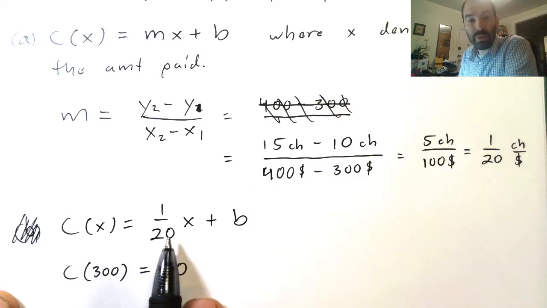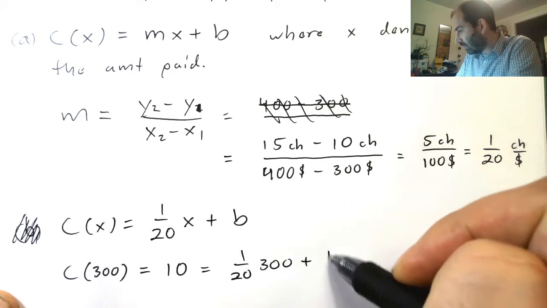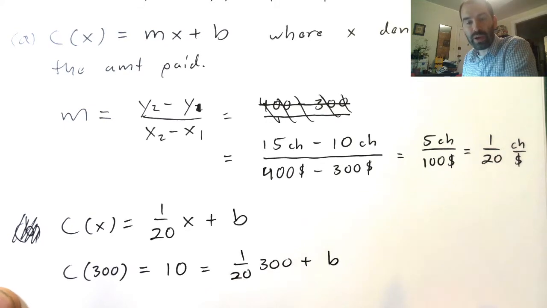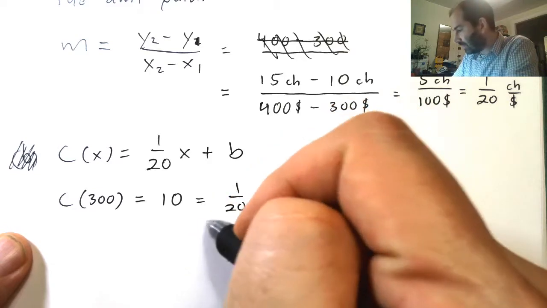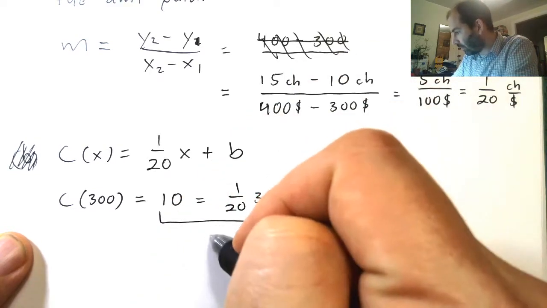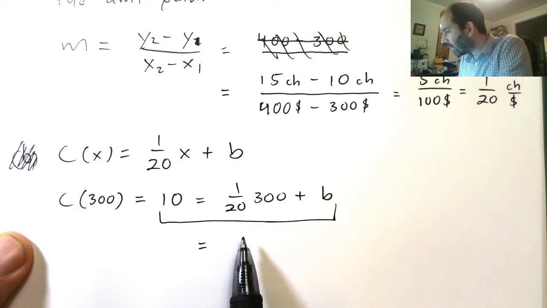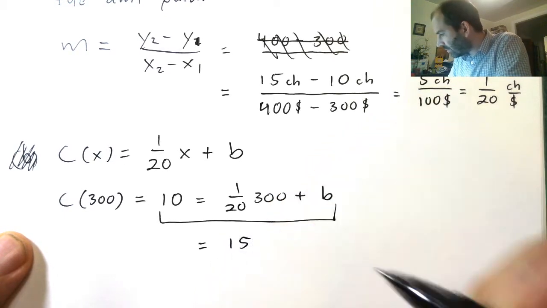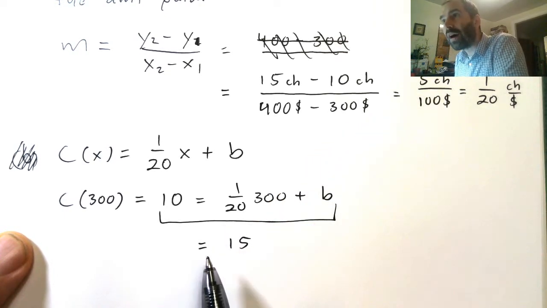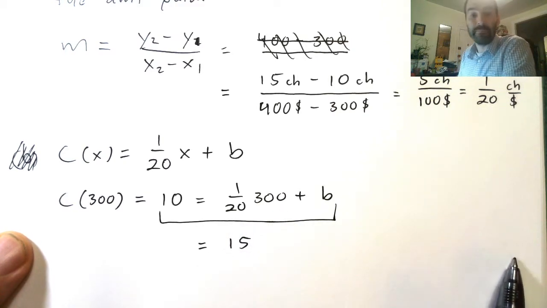C of 300 is what you get when you plug 300 in for x. So 1 over 20 times 300 is 15, because 20 goes into 100 5 times, but there's 300, so it goes in 15 times.